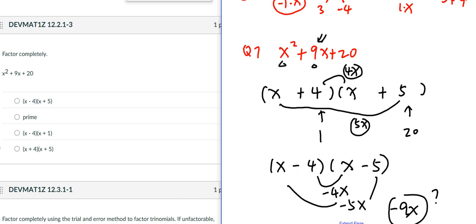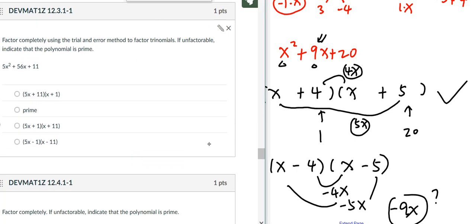Okay? So when you split 20, you want to split into the correct way, either 2 negatives or 2 positives. Apparently this one works. So that was our question 17, and the correct choice would be the last one. X plus 4 times x minus 5.